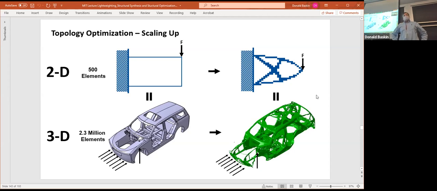The answer is yes, the green car body here looks very organic. It looks almost like a tree or something, doesn't it? The method I just showed you, this topology optimization technique, where you're minimizing the aggregate strain energy of the whole system and choosing density so you minimize it, is not the only way to figure out the most efficient load path.